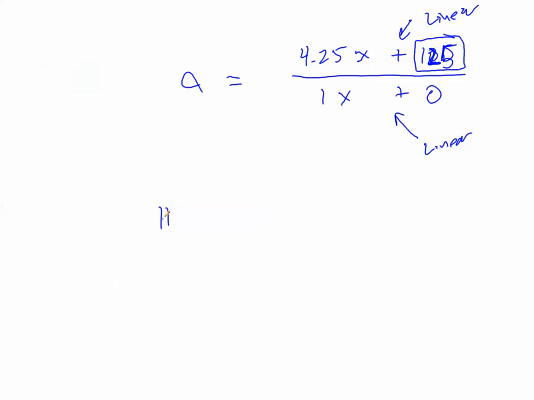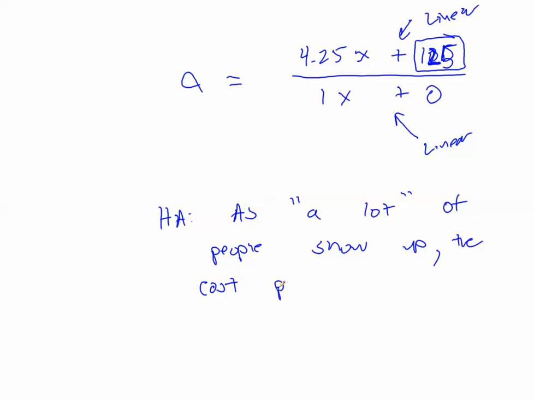The horizontal asymptote interpretation: as a lot of people, and I'll say a lot in quotes, show up, or more and more people show up, the cost per person gets closer and closer to $4.25.